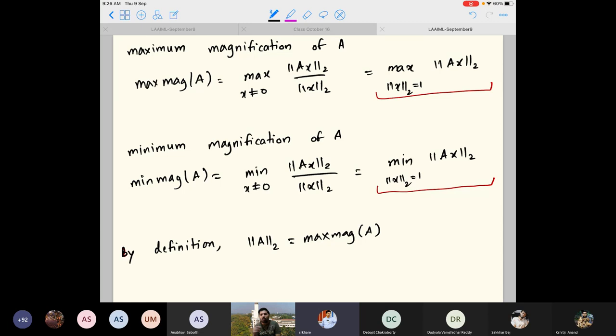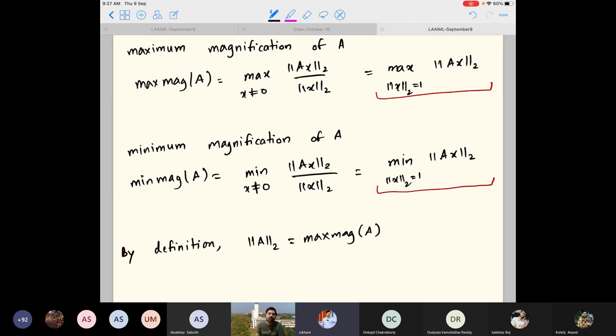It is measuring how much maximum magnification you can get. Similarly, we are defining minimum magnification. You look at all the non-zero vectors, you see the action of A on those vectors and how the length scales. The length may go up, the length may go down. So what is the smallest length to which A scales x? That's what you are looking at. That's the minimum magnification, exactly opposite to the maximum magnification.